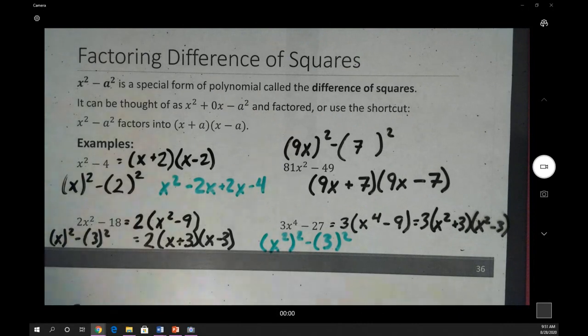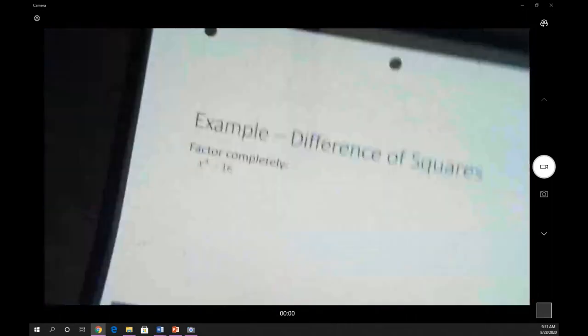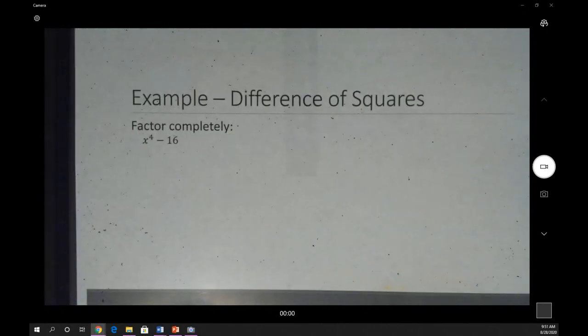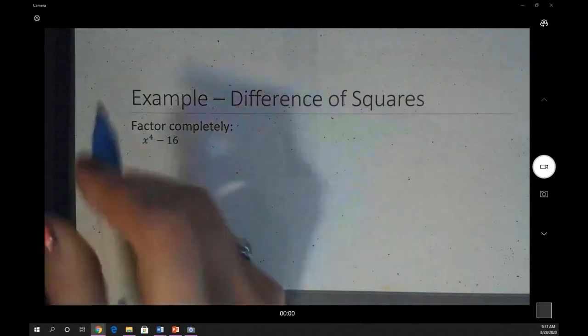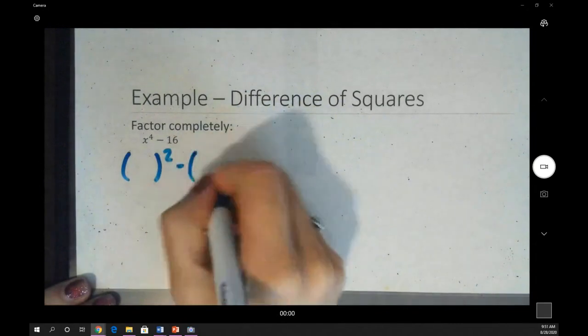I have one more difference of squares that I want to look at because it's a little bit different. We're going to look at x to the 4th minus 16. You might not see what makes it different yet, but that's okay. We're going to see if we can write it in the same form, the something squared minus something squared.